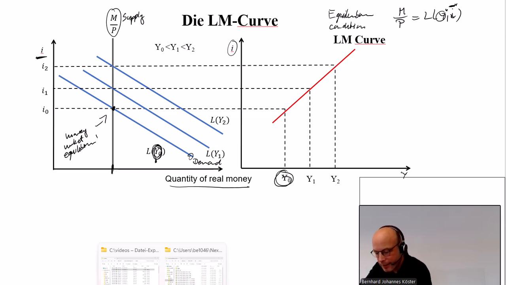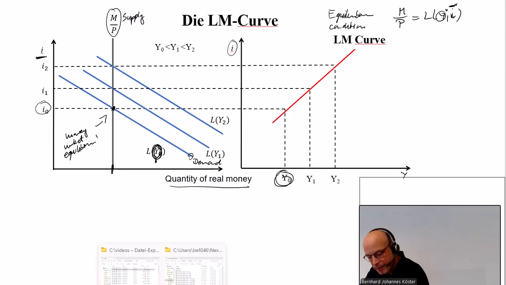Then this equilibrium point fixes us an interest rate level which corresponds to this income level.